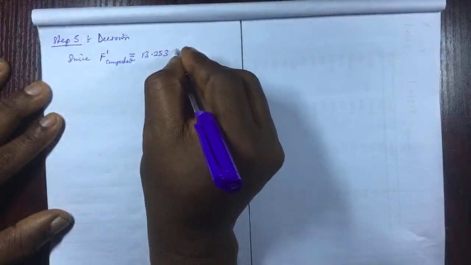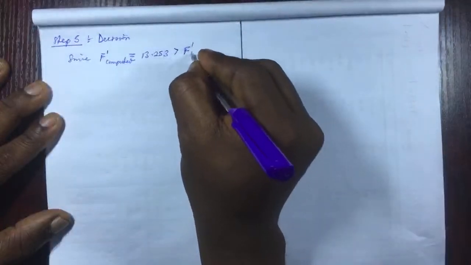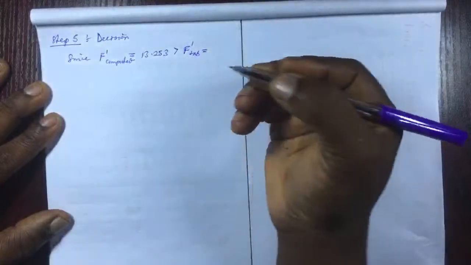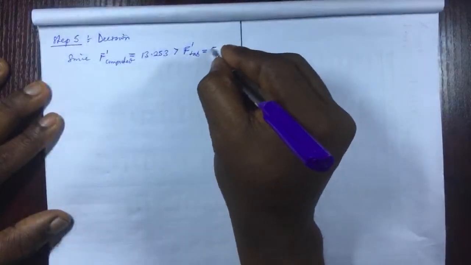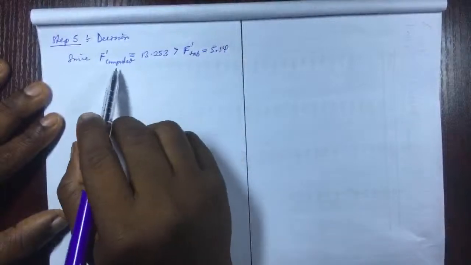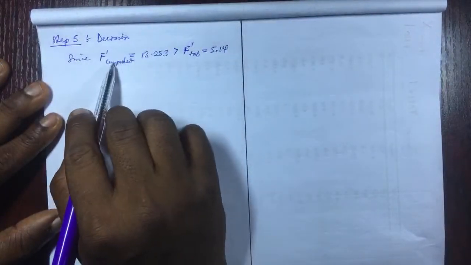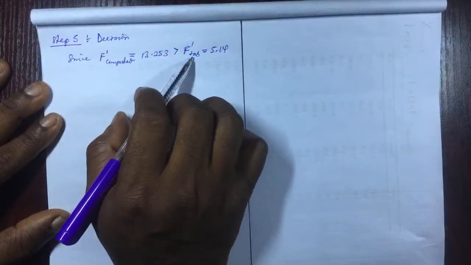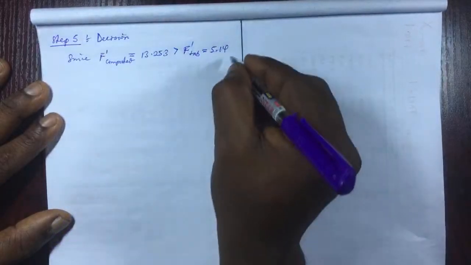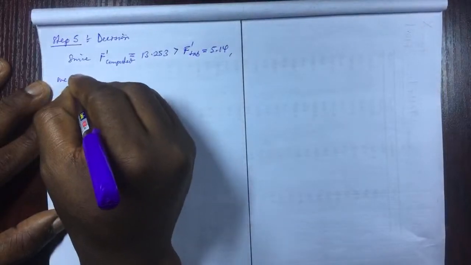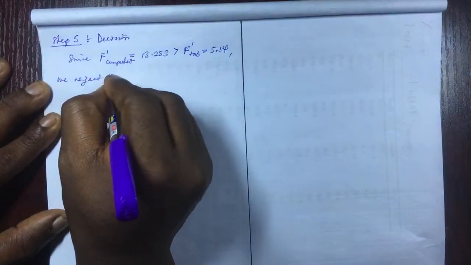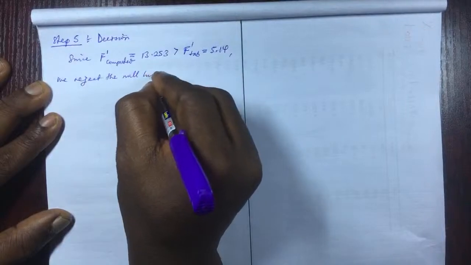So F1 computed, which is 13.253, is greater than F1 tabulated. Our F1 tabulated, we got it to be 5.14, and our F1 computed is 13.253. Now, since the F computed is greater than F tabulated for treatment, we would reject the null hypothesis.